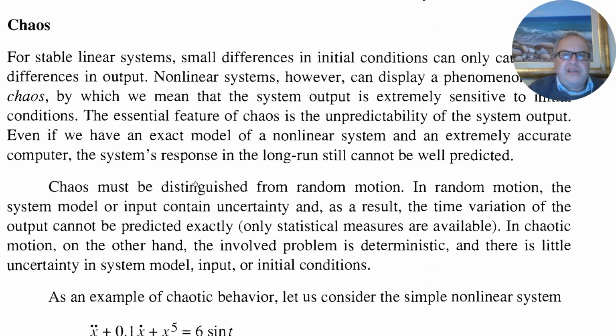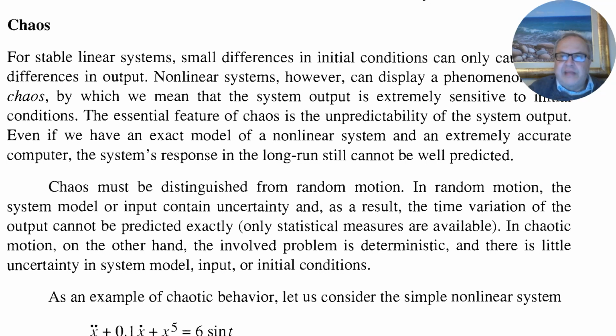Chaos must be distinguished from random motion. In random motion, the system model or input contain uncertainty, and as a result, the time variation of the output cannot be predicted exactly. Only statistical measures are available. So for random, probabilistic systems, you cannot predict. In chaotic motion, you are in a deterministic problem.